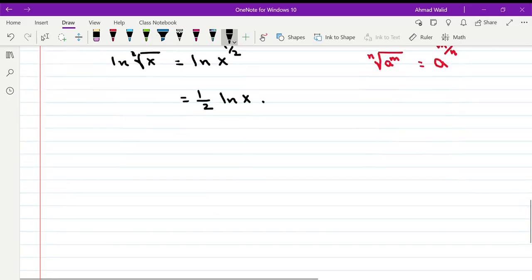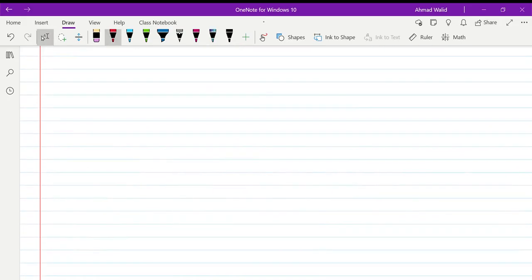Some more complicated ones. Let's go to bigger problems. Example number 4, expand. Log of x squared square root of y base b. We want to expand this. Again, I have product rule, but before applying product rule, I see here a square root.